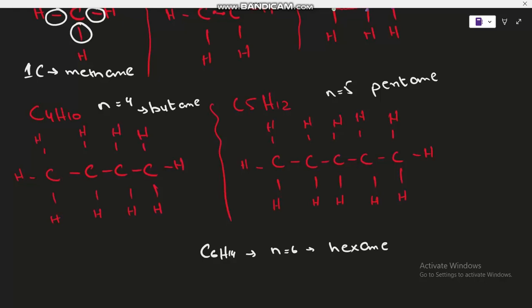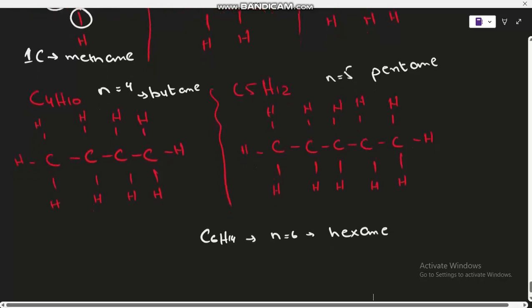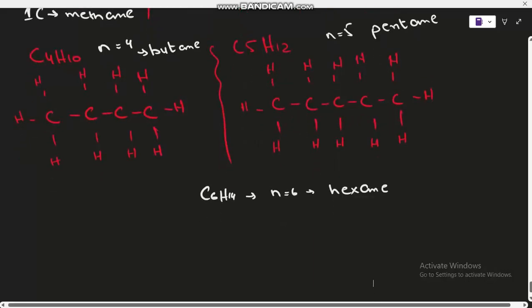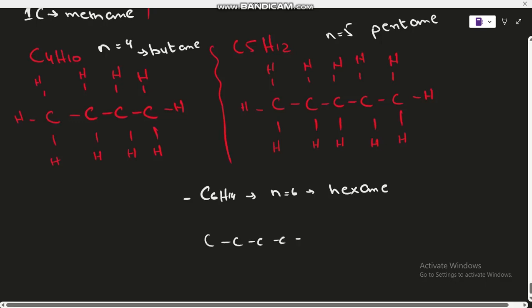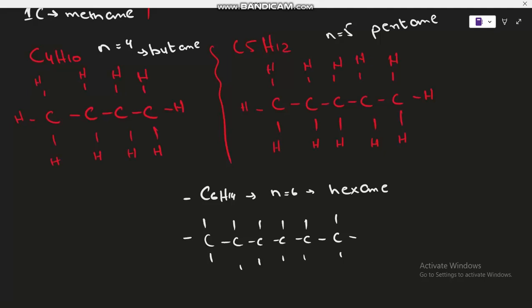Now, figuring out whether this is a homologous series of alkanes has two ways. Let's say I have to figure it out from the molecular formula. One thing I can do is draw the structure. Let me quickly draw the structure for this. Consider these all the hydrogens. If I draw the structure here, you can see that these are all single bonds. So one way, the detailed way, is this.